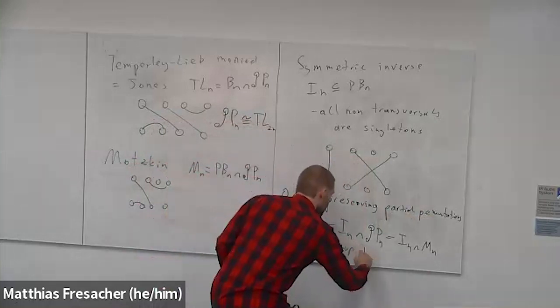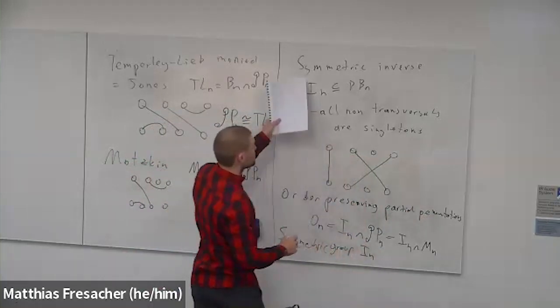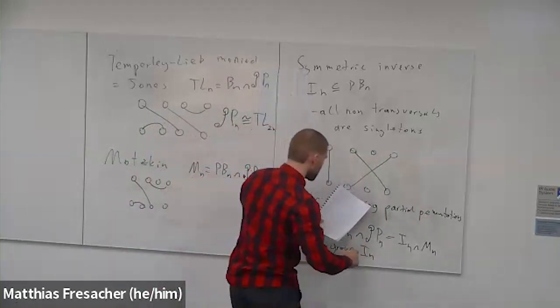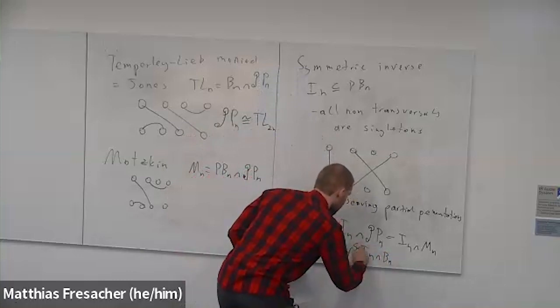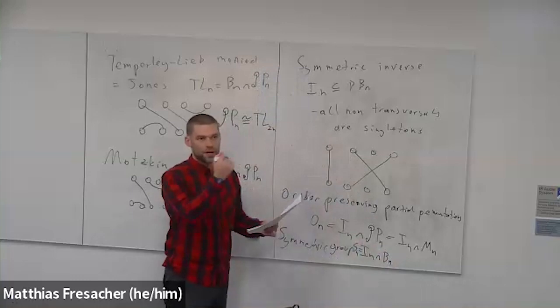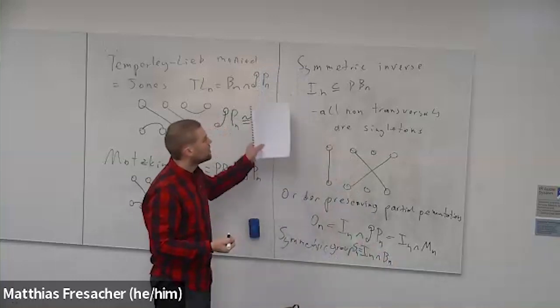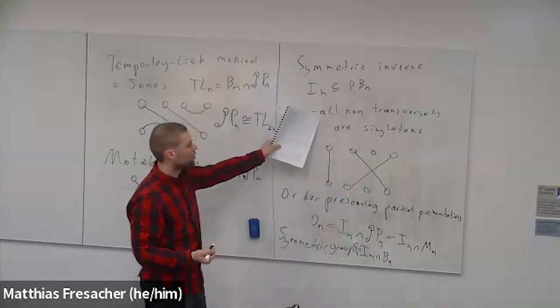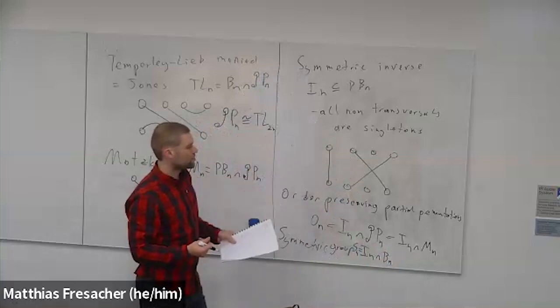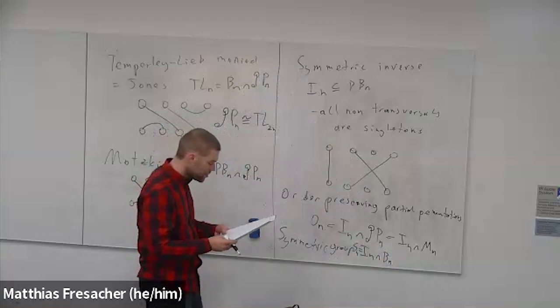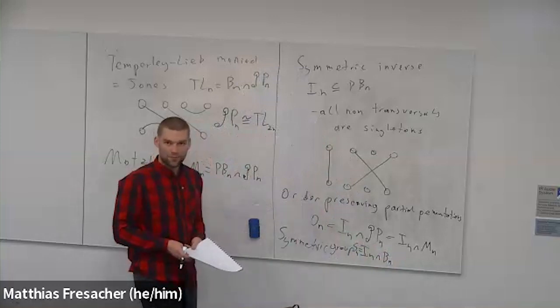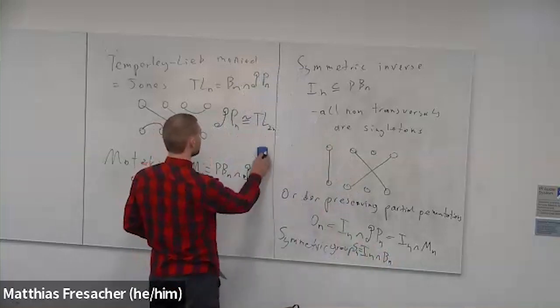So this would be symmetric inverse, but we also need it to be Brouwer. So this is SM, because we obviously want everything to be matched to something else, and we don't want any non-transversals to be singletons, or we don't have any, in fact. So that's quite the mouthful, isn't it? And I said there'd be lots of pictures.